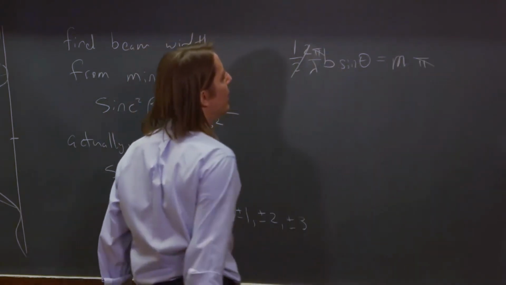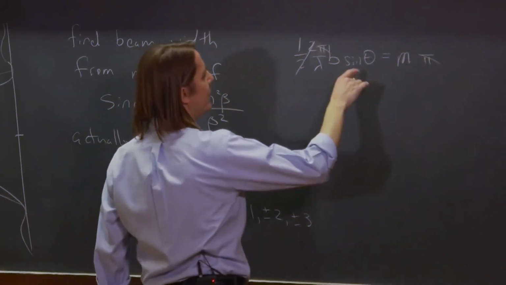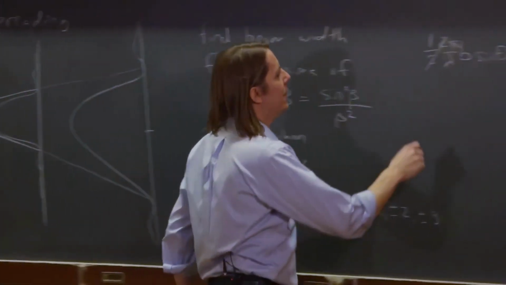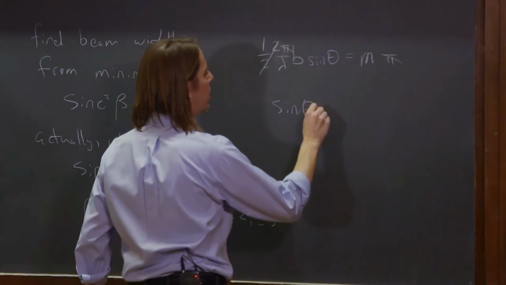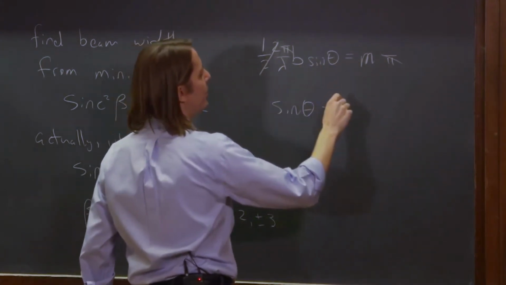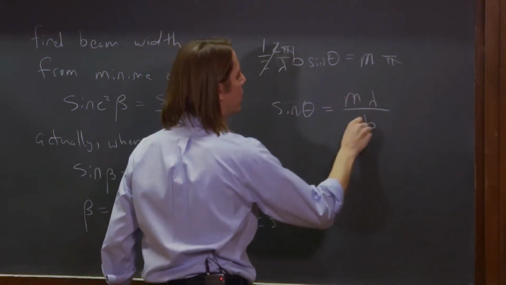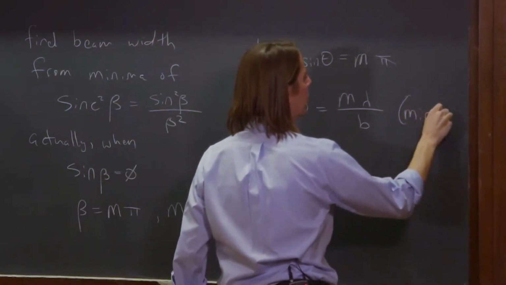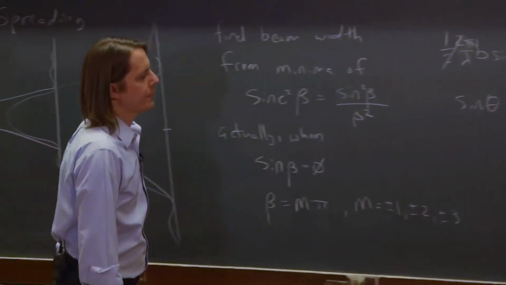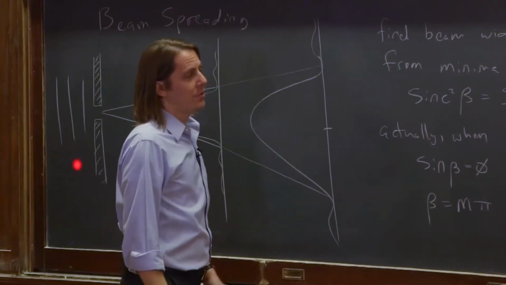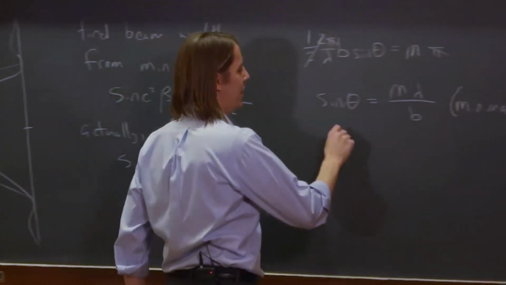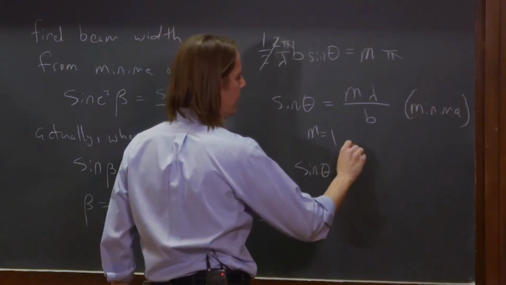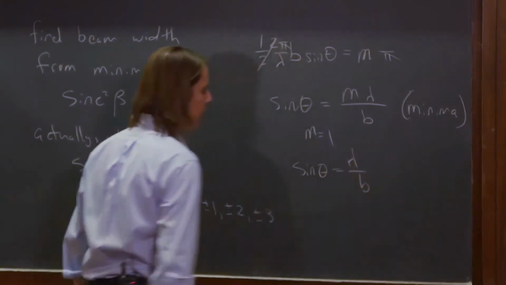We want to solve it for sine theta, so sine theta equals m lambda over b. That's where you'll have the minima. And if you want the first minima, you just let m equal 1. So for the first minima, sine theta equals lambda over b.